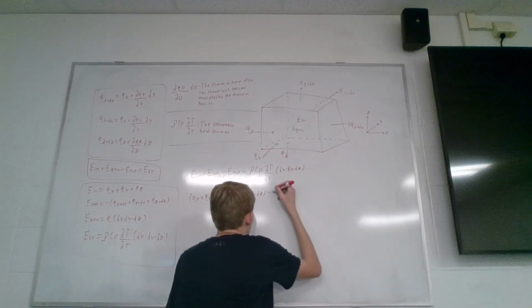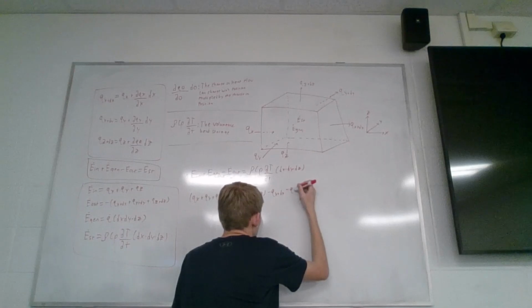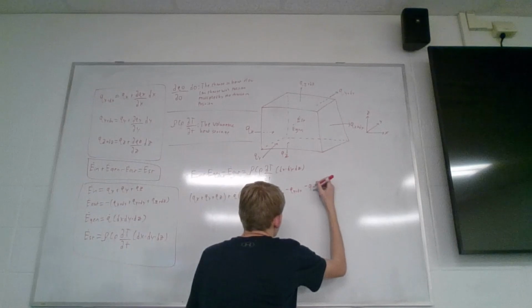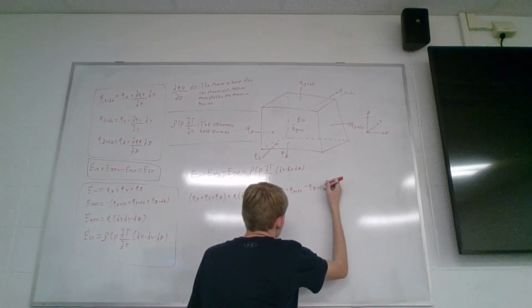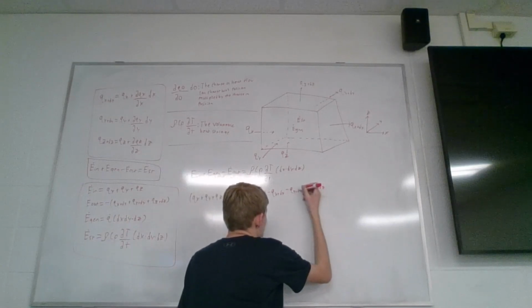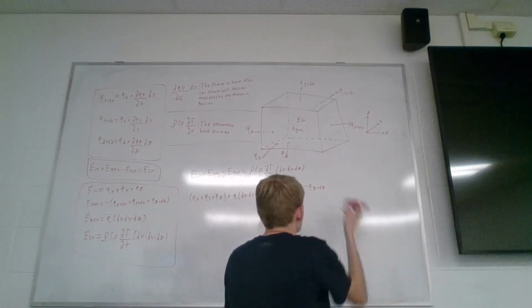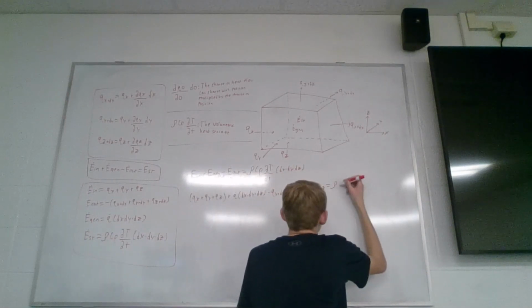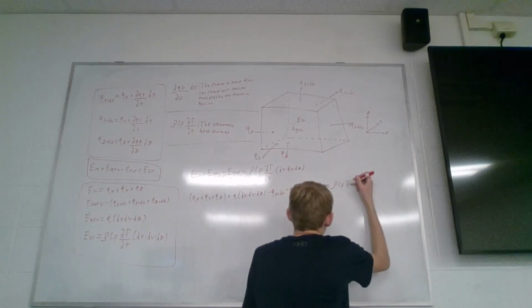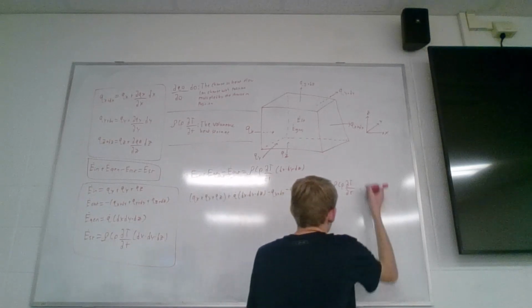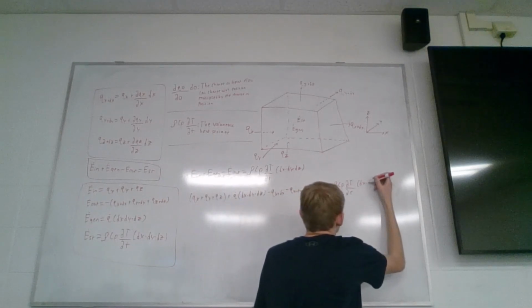So it's going to be qx plus dx minus qy plus dy minus qz plus dz. Oh, I messed up right there. I meant to say dy, not dx. And then that's going to be equal to our right side of the equation. So it's going to be density, heat capacity, times our temperature with respect to time, with our volumetric units.